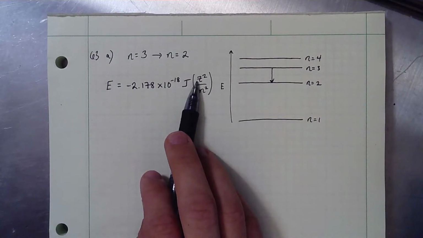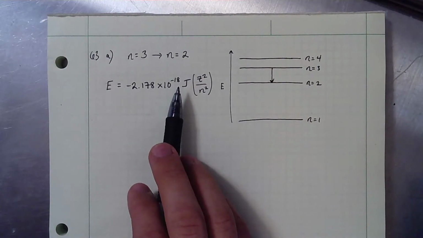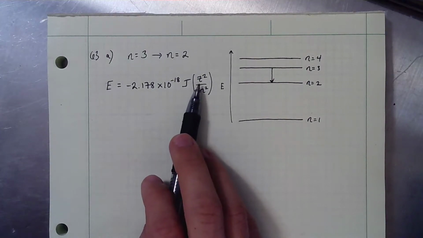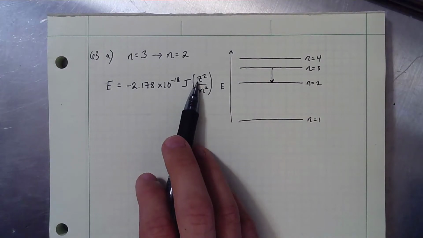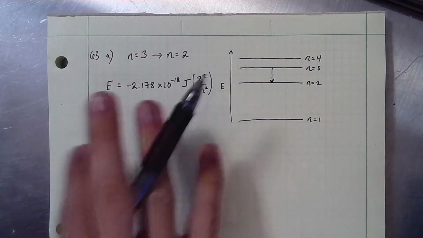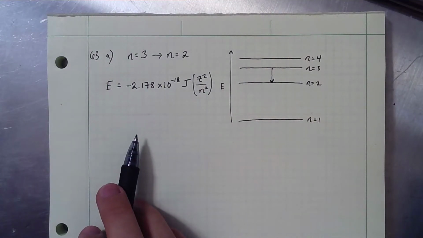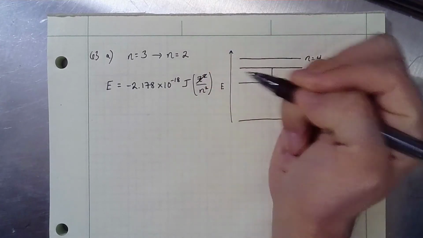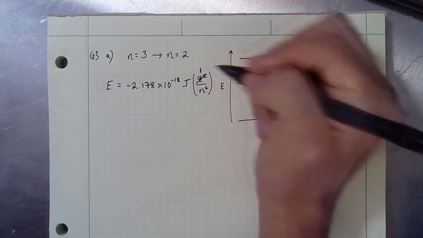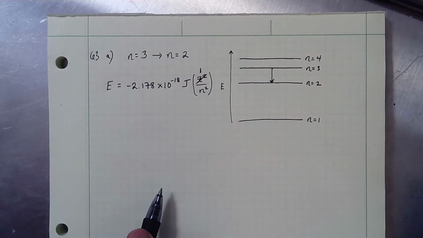It means the number of protons, the magnitude of positive charge in the nucleus of an atom. Because the Bohr model really only applies to hydrogen, and all these questions about the Bohr model ask you to assume that it's hydrogen, Z is just going to be equal to 1. So I'm going to scribble that in here. And if it's Z squared, then 1 squared would also be 1. So this is really my equation here.